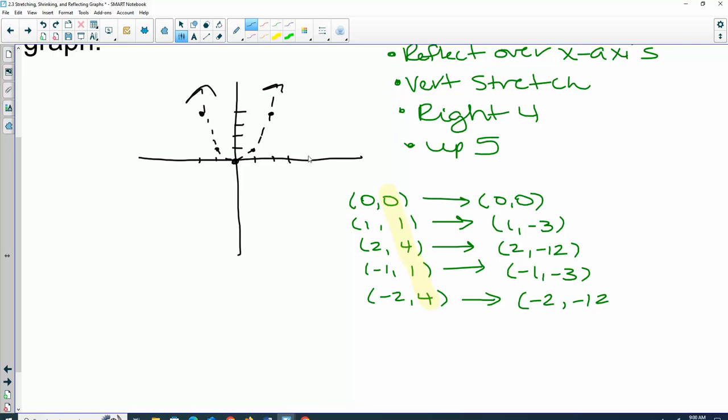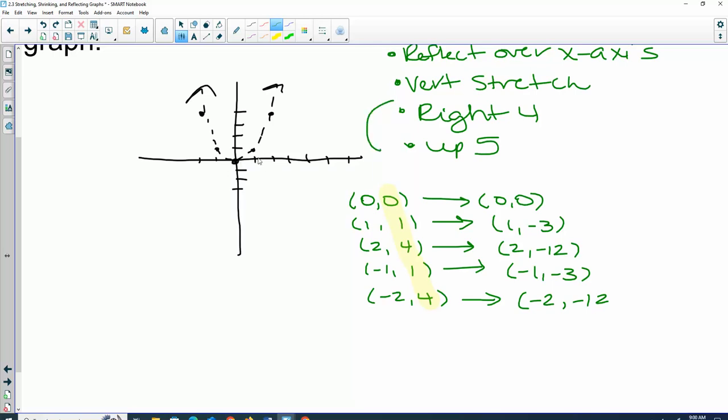So we have to move our graph right 4 and up 5. And it seemed like when I was going through this, you guys were okay with those. You can move the right and the up without the ordered pairs, is that right? Okay. So if I take my point, 0, 0 is still at 0, 0. Now I need to do these two things.